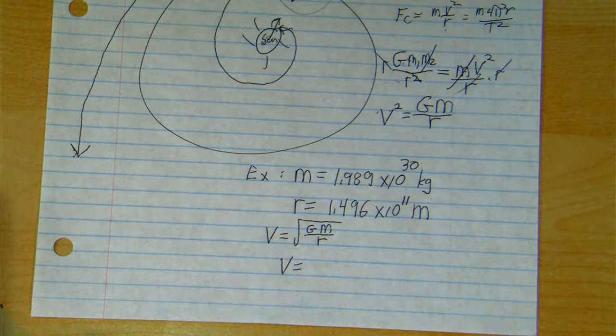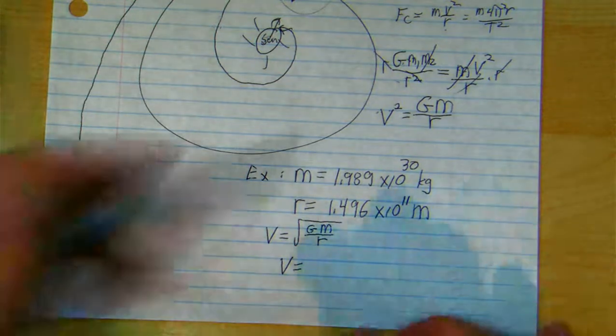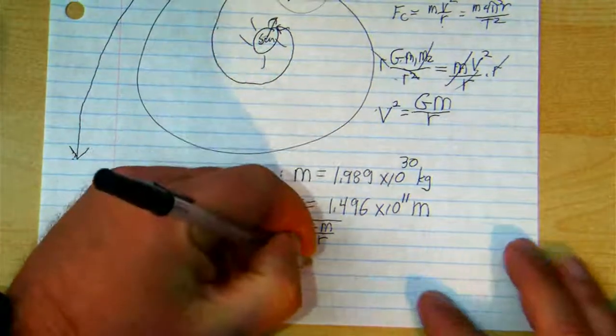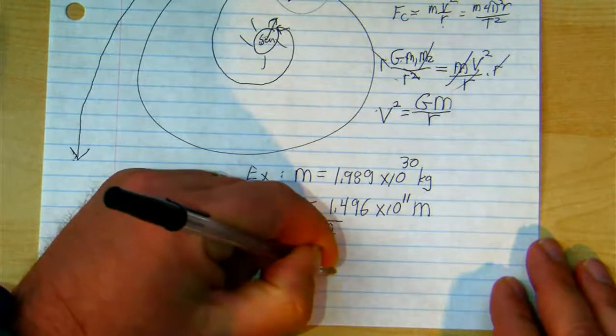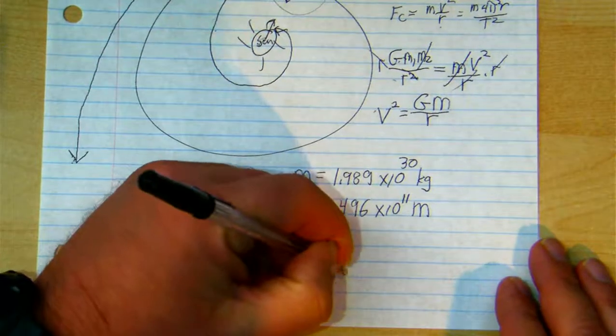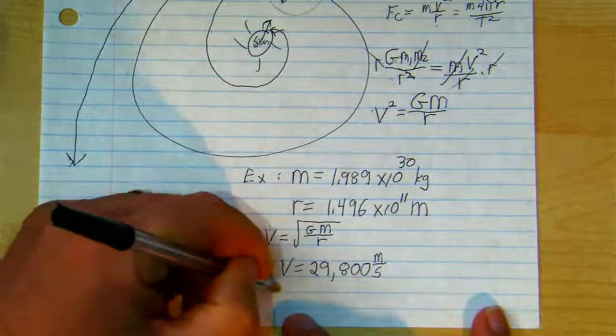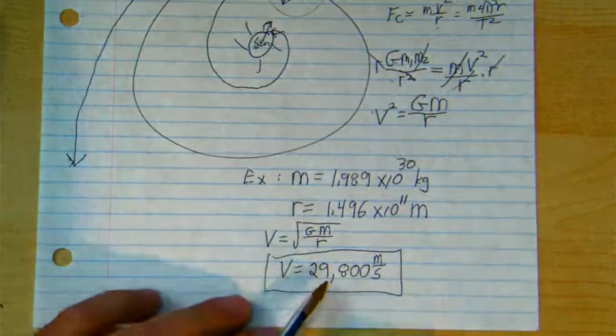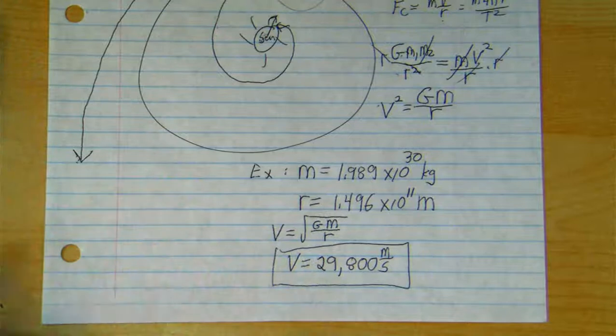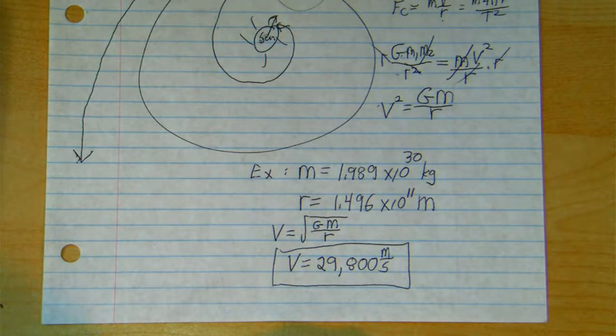Okay, we're at the end of the period, but my students worked out the correct solution. It's 29,800 meters per second. Every second of time, the Earth is going about 30 kilometers through space.